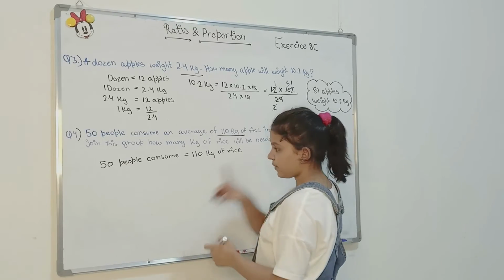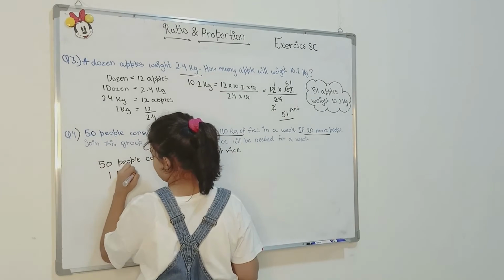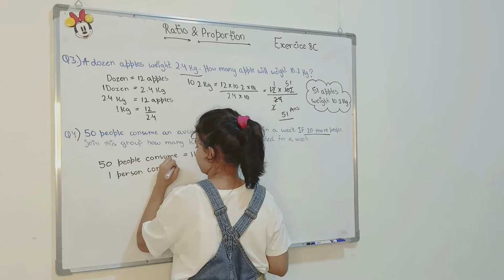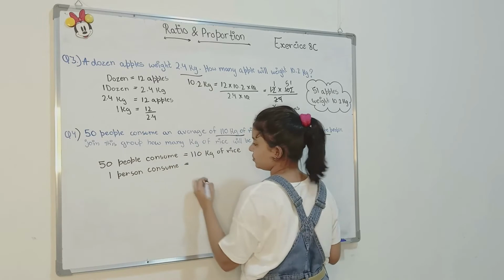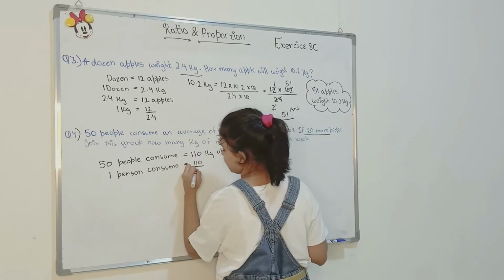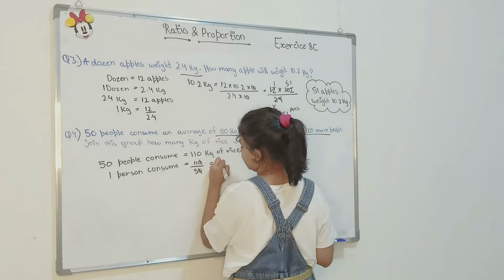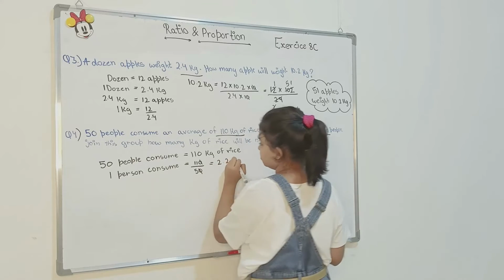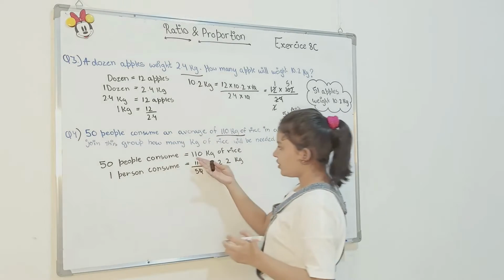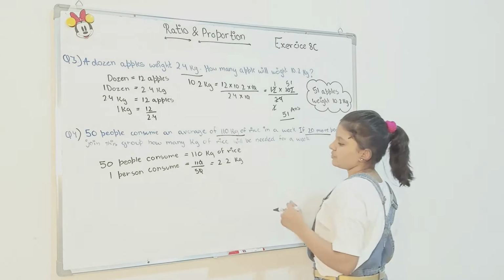Then we'll write for 1 person. 1 person consumed is equal to 110 divided by 50. So 0 cuts, and then we will divide them, we'll get 2.2 kg. So here 50 people consumed 110 kgs of rice and one person consumed 2.2 kg.